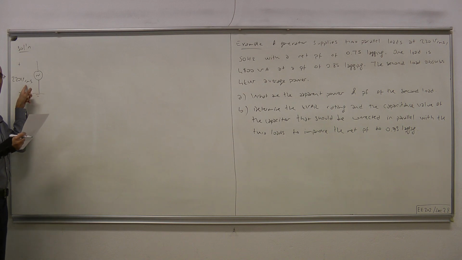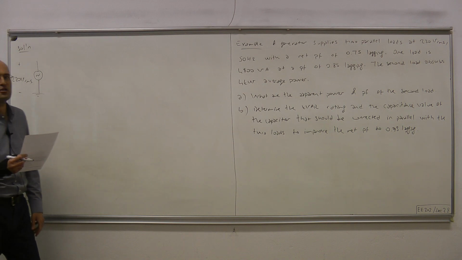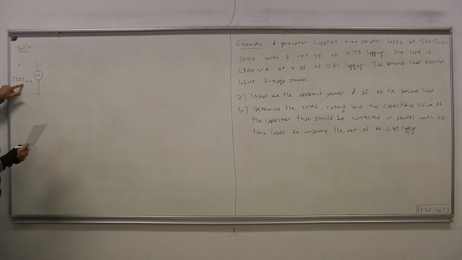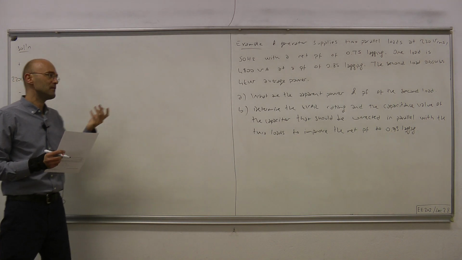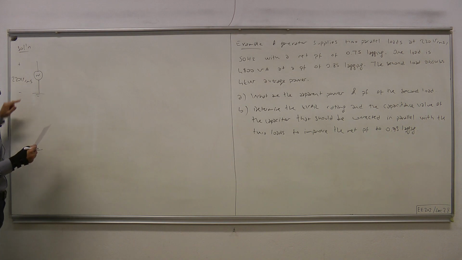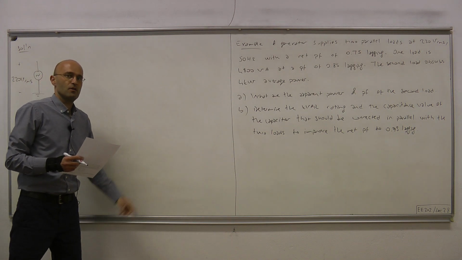So this is a slightly new notation that we are introducing here. This VRMS is a new unit, okay? It's like volts, but it's volt with subscript RMS. It means that whatever the voltage here is, we're talking about the circuit in sinusoidal steady state.